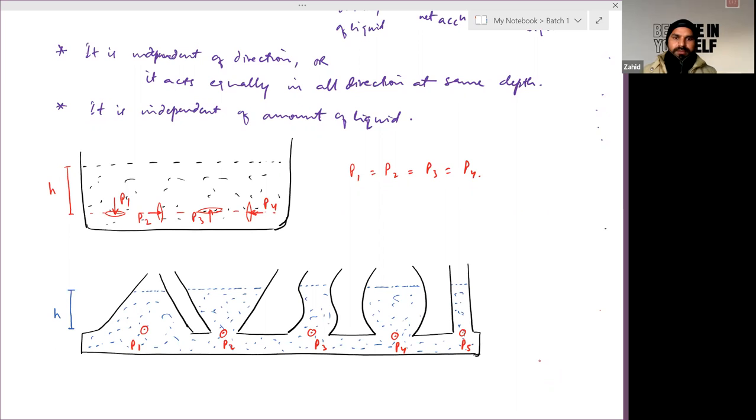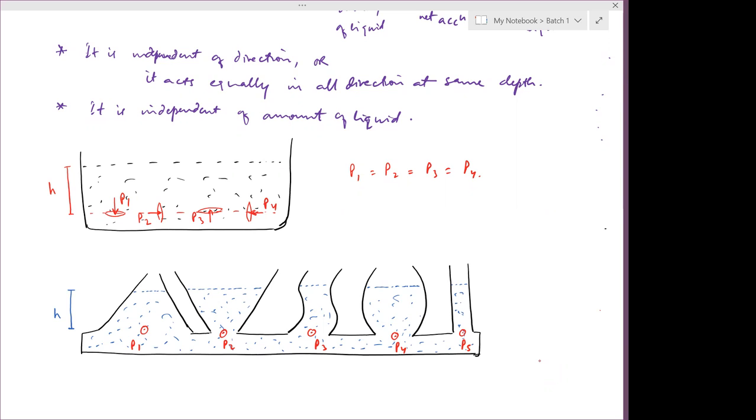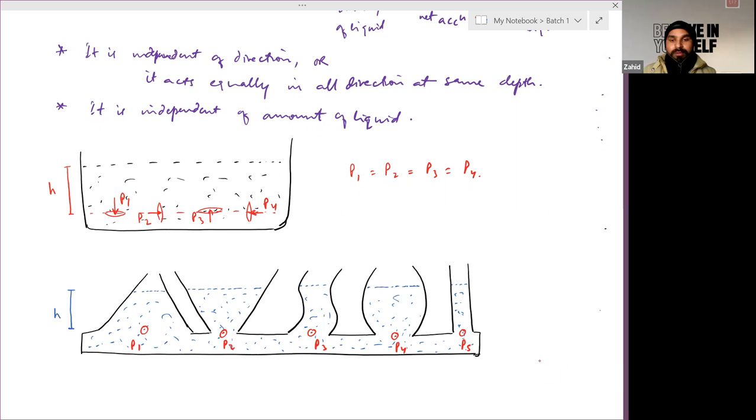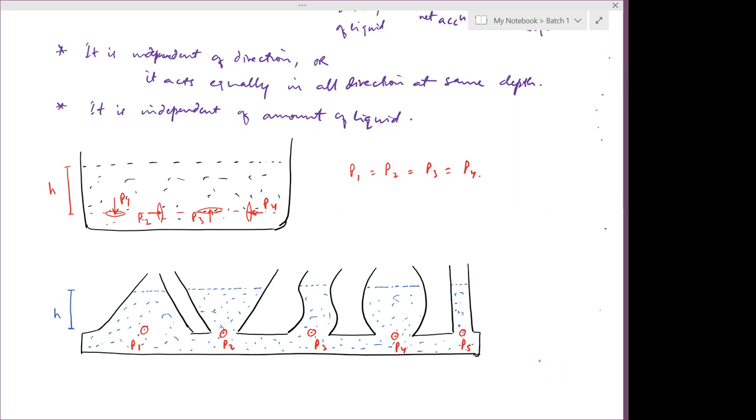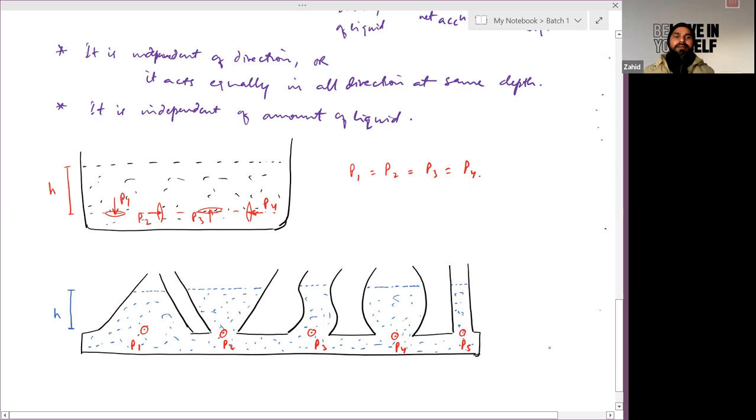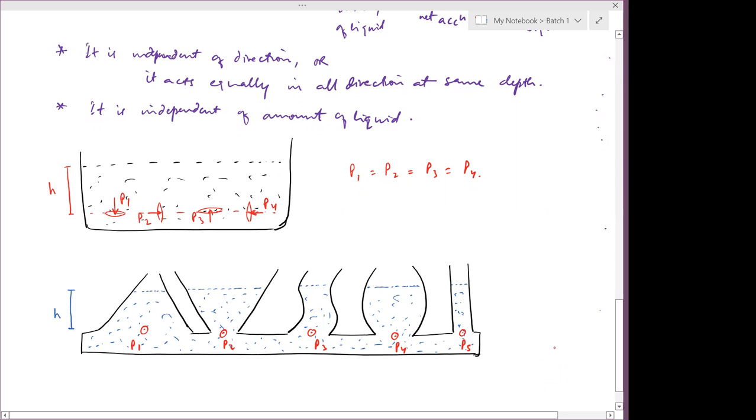In which vessel do you think there is the most volume of liquid? Sir, all will be same. I'm asking about volume of liquid, amount of liquid. You say first or second, okay?